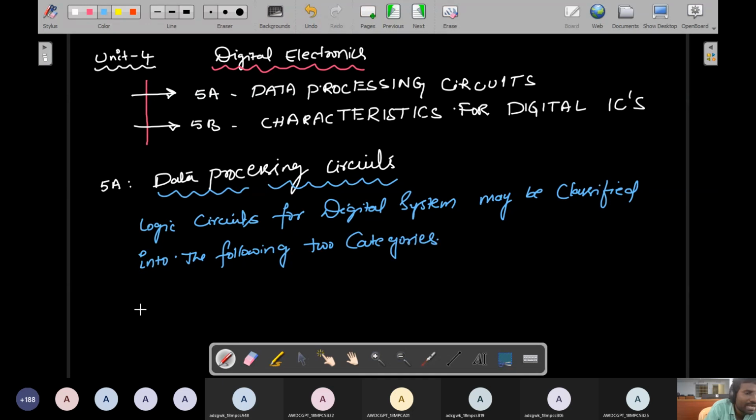First one is combinational circuits, and second one is sequential logic circuits.